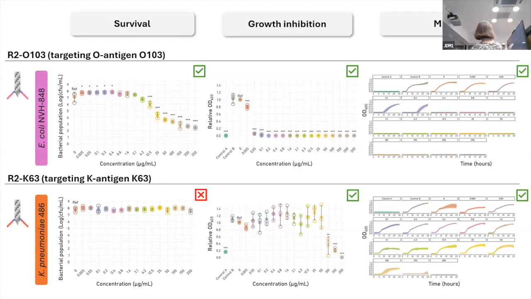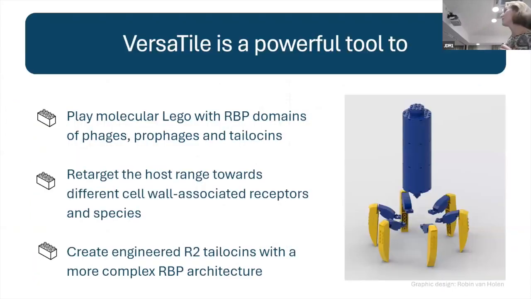So for the upper example, we can conclude there is a strong antibacterial effect. But for the lower one, there is still some margin for improvement by engineering. And to end, I will just close my presentation with this keynote: VersaTile is a powerful tool to play molecular Lego with receptor binding protein domains of phages, prophages, but also our R2 tailocins.